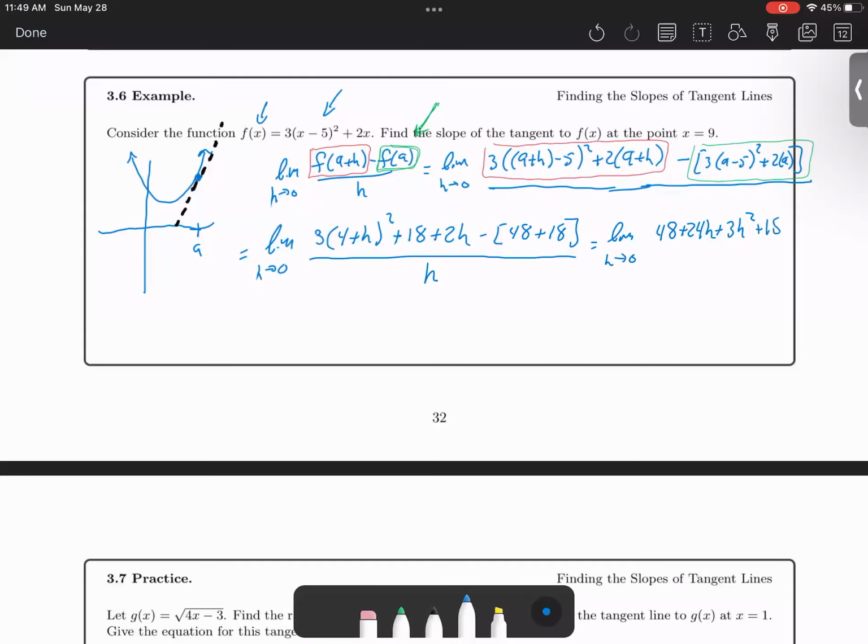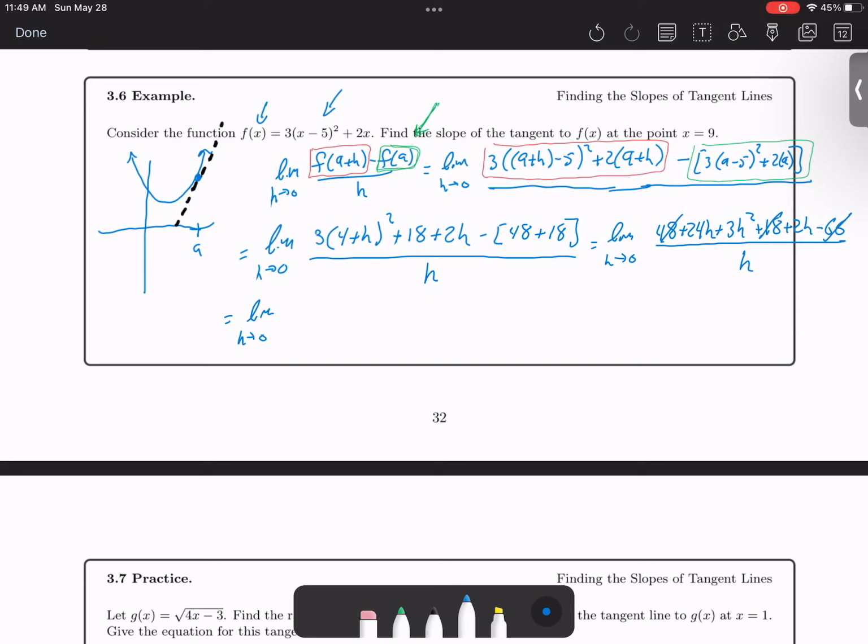You still got the plus 18, the 2h, and then 48 plus 18, that's 66. So I'm going to subtract off 66. So then minus 66, your constants are gone.